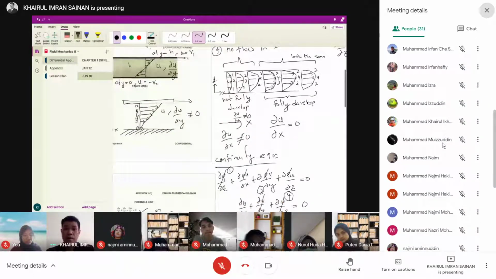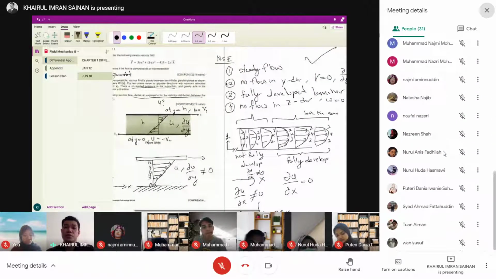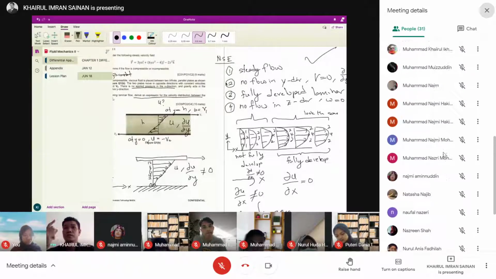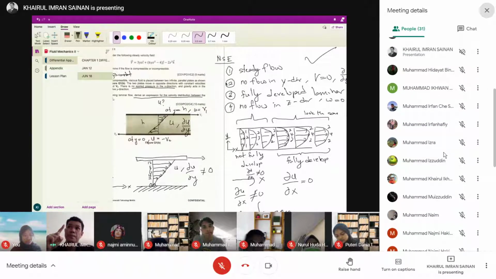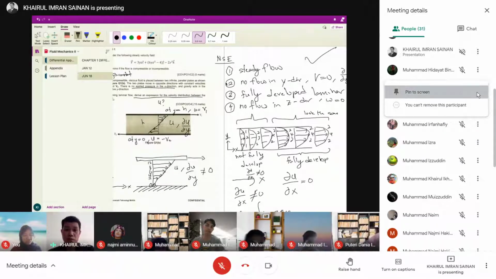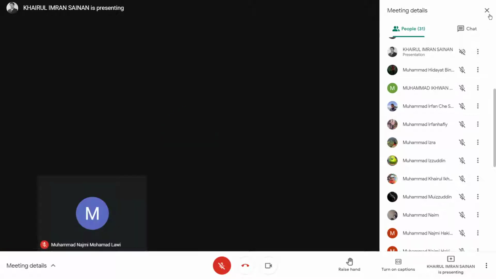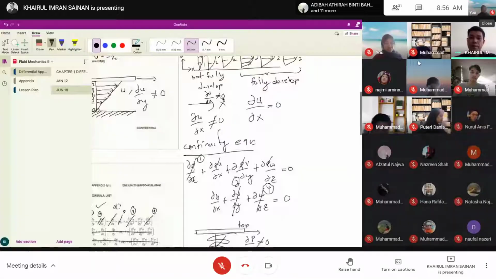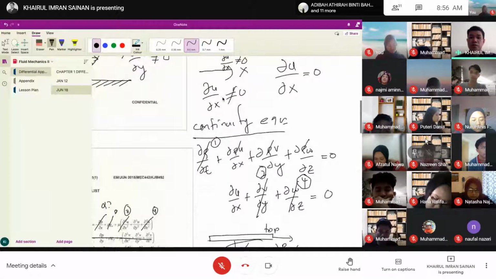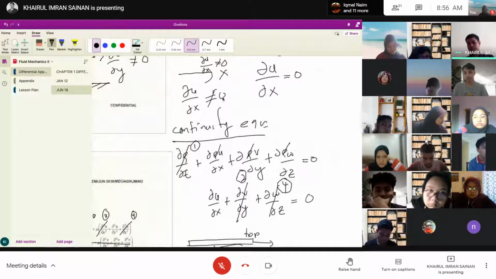So next, we're going to apply these assumptions towards two equations. Number 1 is continuity equation. Number 2 is Navier-Stokes equation. Okay. So we always start with continuity equation.